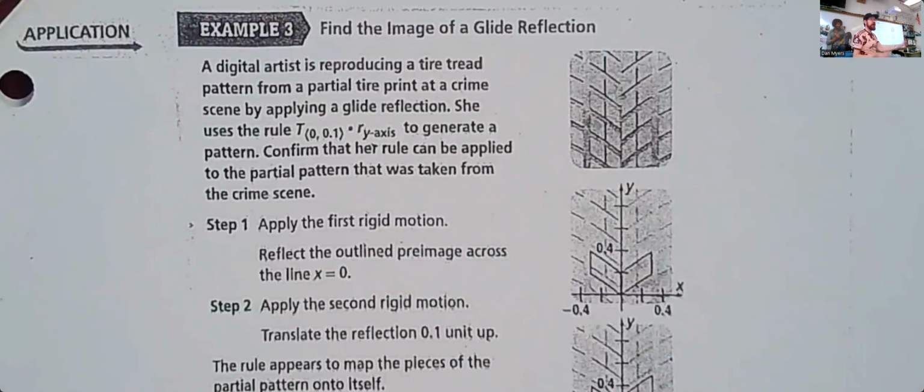You can narrow down what kind of car it was, narrow down your search, and figure out who was there at that time and committed that crime and got away. And so this is basically what we're talking about here. You can use a glide reflection to come up with the tire tread.